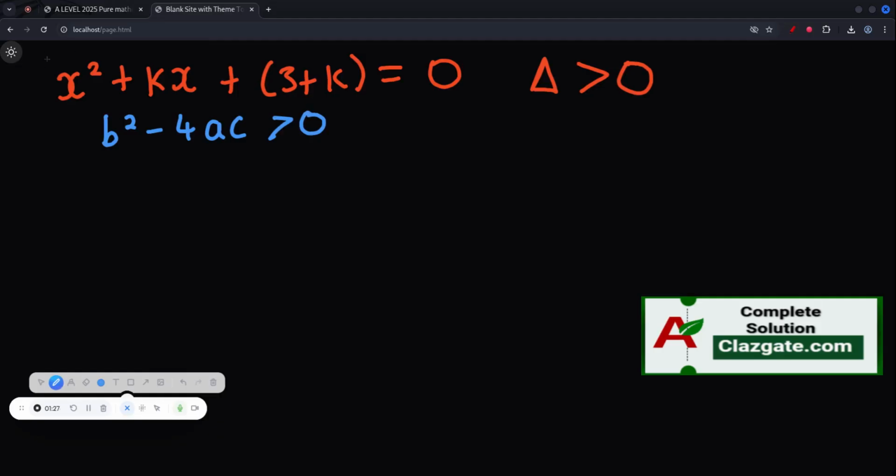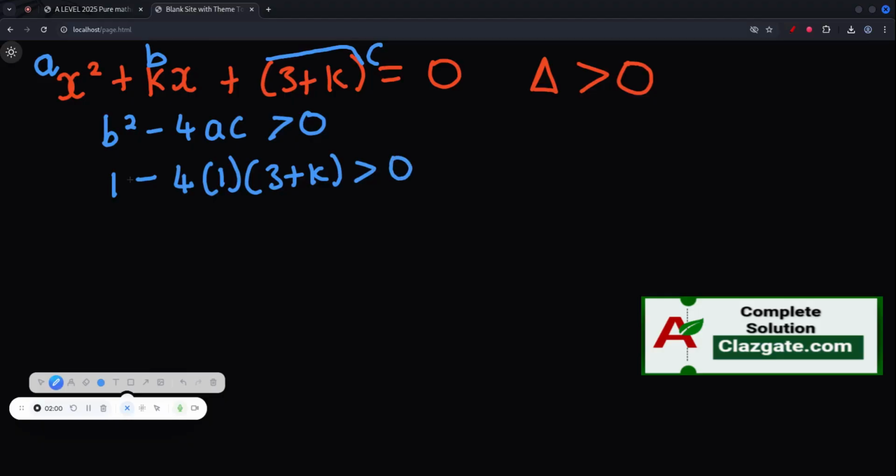We know the coefficient of x square is a, the coefficient of x is b, and this does not have any x attached to it, so all of this is c. So b square minus 4 into a, where a is 1, the coefficient of x square, and c is 3 plus k. All of this is greater than 0.